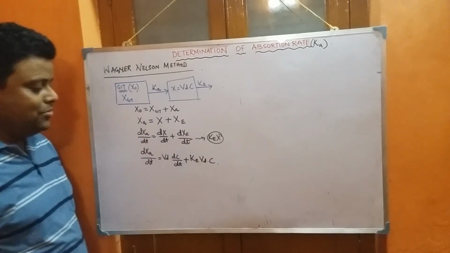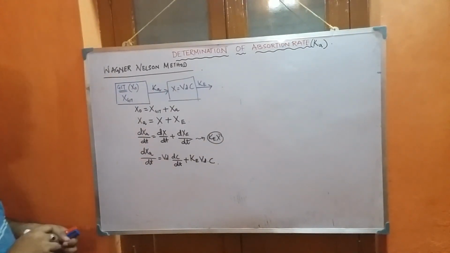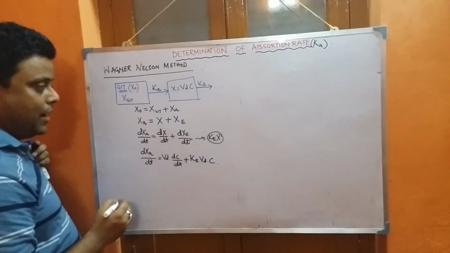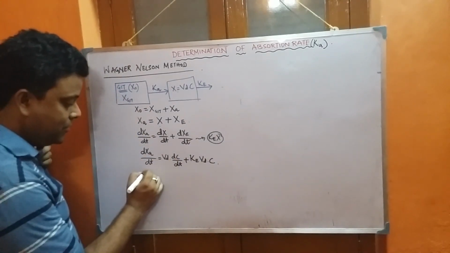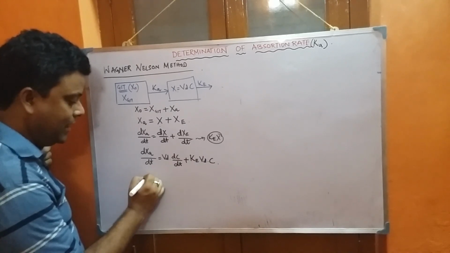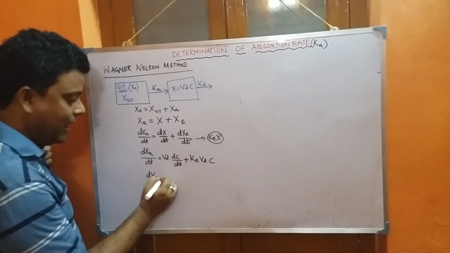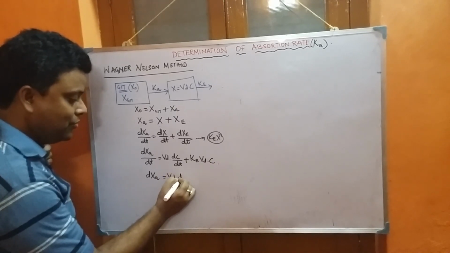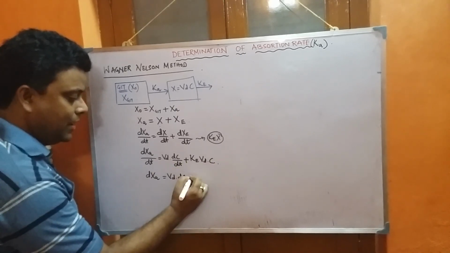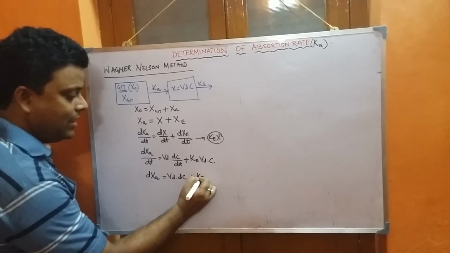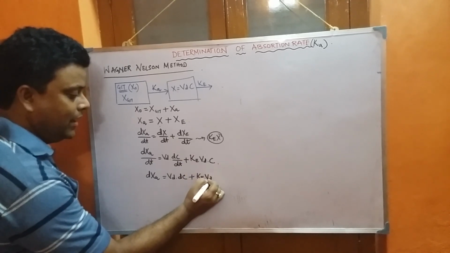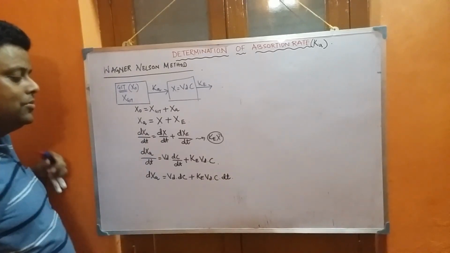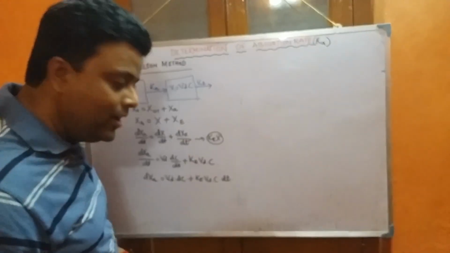The next step, we are going to multiply both the sides by dt. So if you multiply both the sides by dt, you get dXA equals Vd into dC plus Ke into Vd C dt. So this is the equation which you are getting.